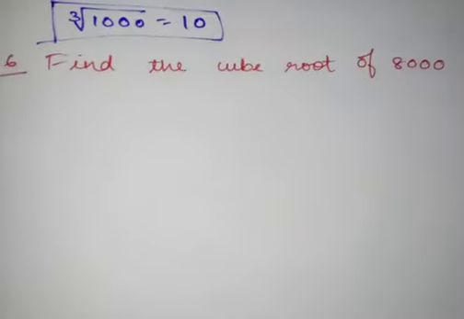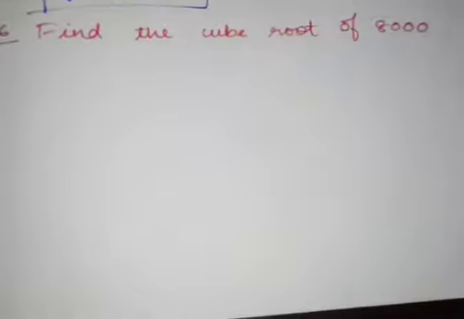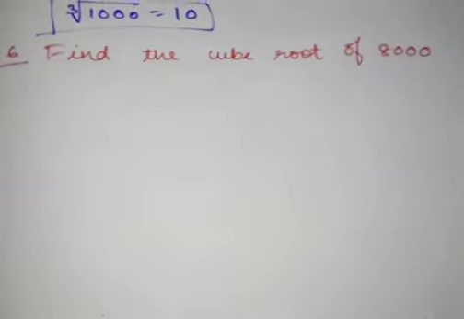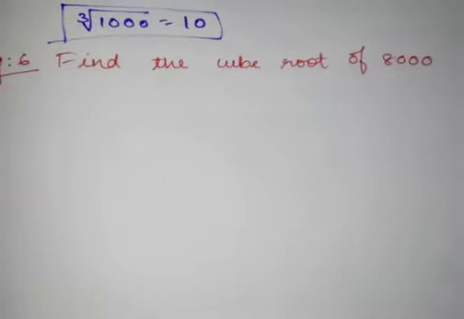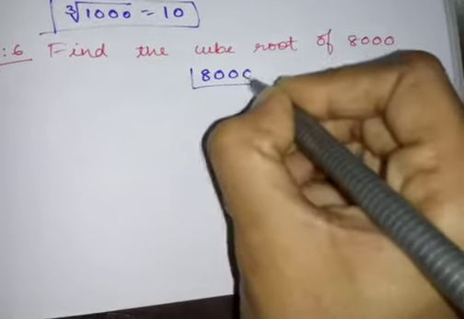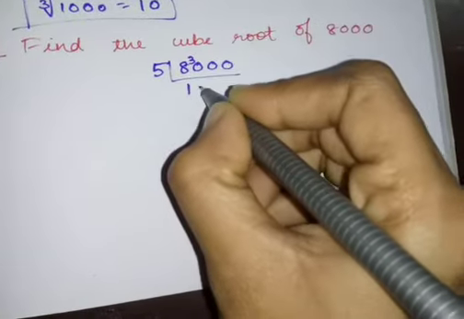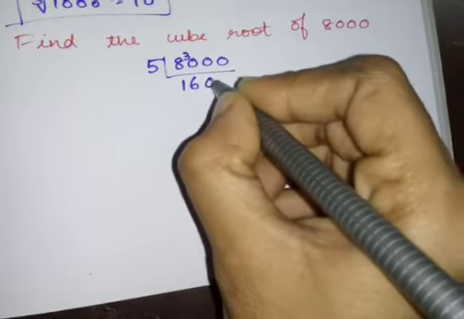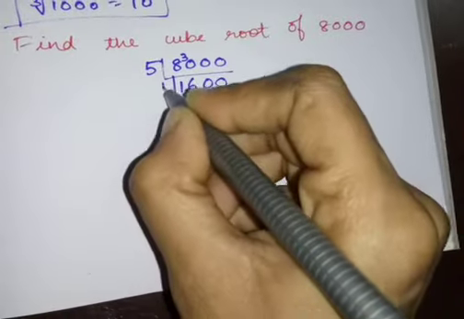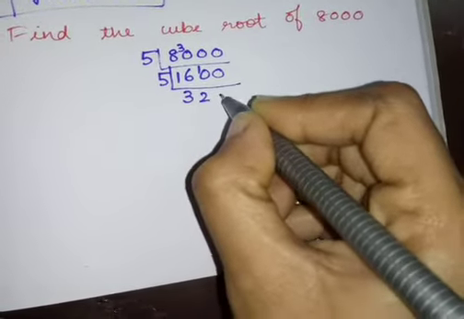Find the cube root of 8000. Here they didn't mention any method, but we'll do it with the prime factorization because that is easier, right? So first I'll do the prime factorization of 8000. In the fifth table, 5 1s are 5, remainder 3, 5 6s are 30, 0 0. Then 5 3s are 15, remainder 1, 5 2s are 10, 0.